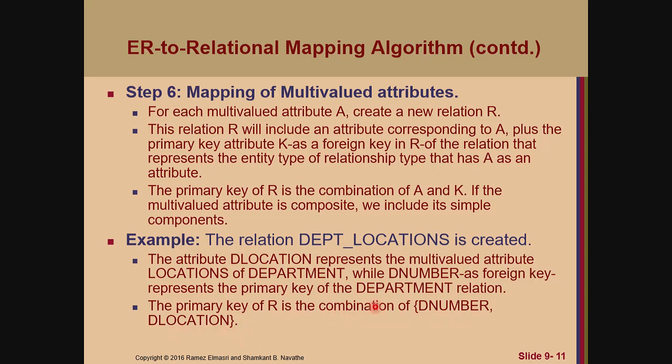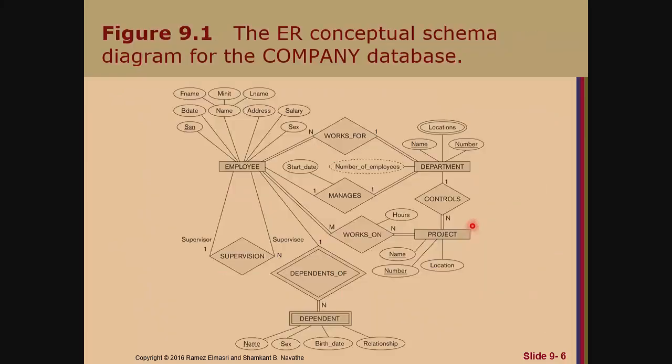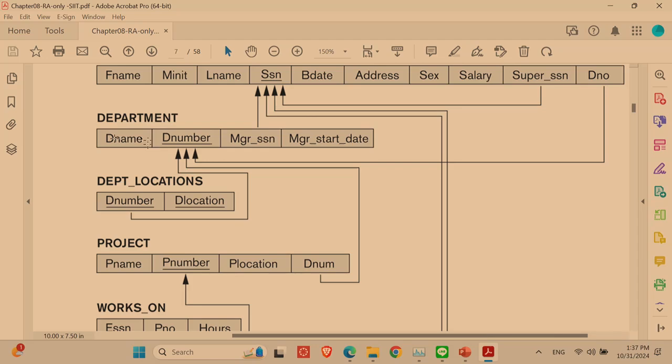So let's see the ER diagram. As we mentioned in the first place, here the location and number, you have multi-value, right? Multi-value of the department location. We have one department with several locations. In department, if we store several locations in the department, can we do that?